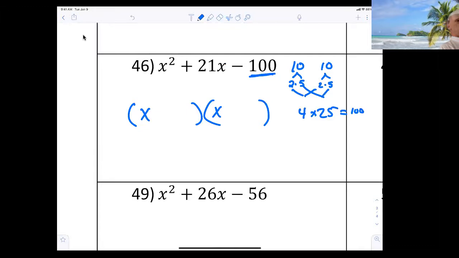Right? Well, my recommendation is put down just the two factors first. So put down 25 and 4. Now, you want it to be positive 21. So what would it be? -4 and there you go.